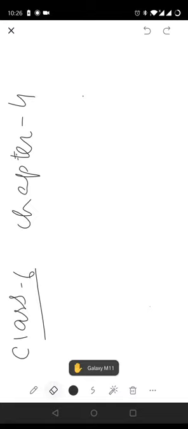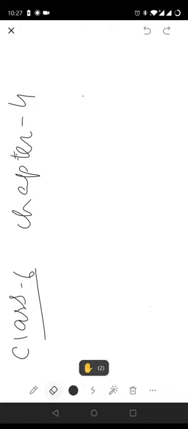So instead of using Maya 3 times, we write this sentence in a different way: Maya said to me that she was going to her school.